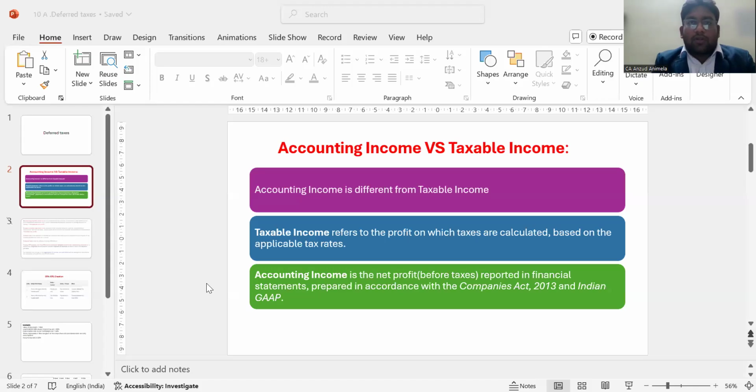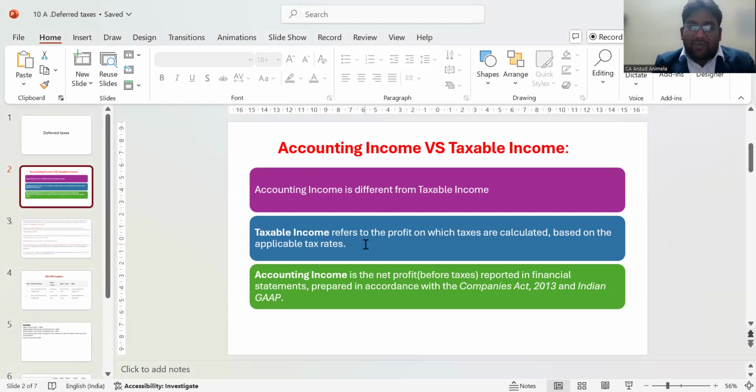Now let me try to show the same from the PPTs. Yes. So deferred taxes, accounting income versus taxable income. We all know that these are two different things.